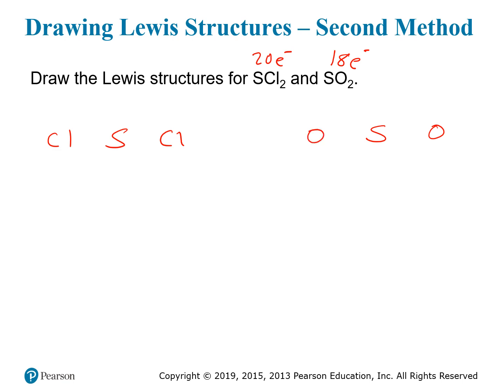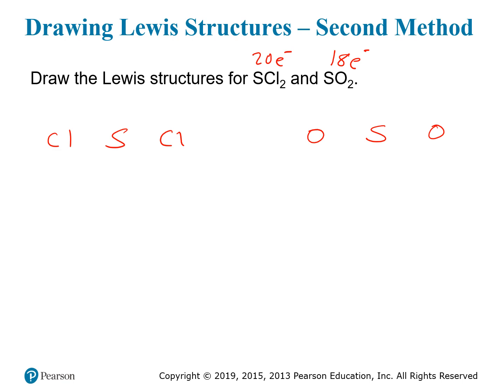Again, this follows the pattern of the first element being in the center, the element that forms more bonds being in the center, although in the case of SO2, that's not quite true. They both tend to form 2 bonds, but we'll see why that's a little bit different actually. But also the least electronegative element is in the center. All these things lead us to this arrangement. They're also both symmetrical.